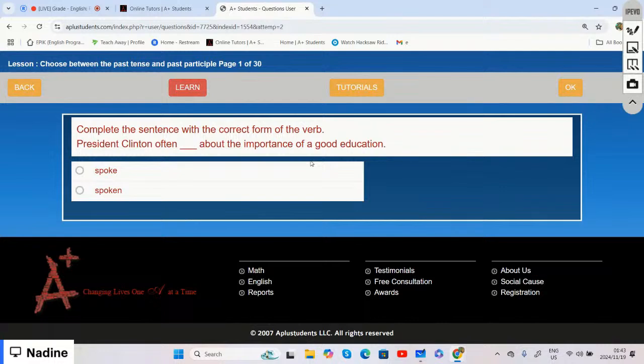It says, President Clinton often spoke or spoken about the importance of good education. Do we say spoke, option one, or spoken, option two? Which one is correct?